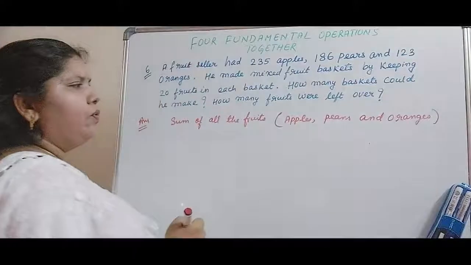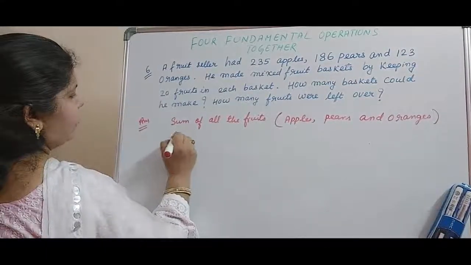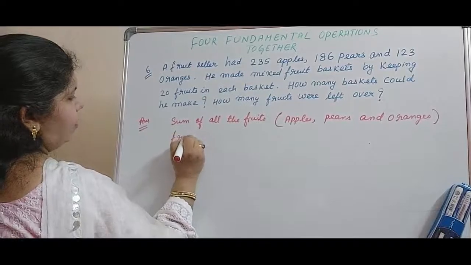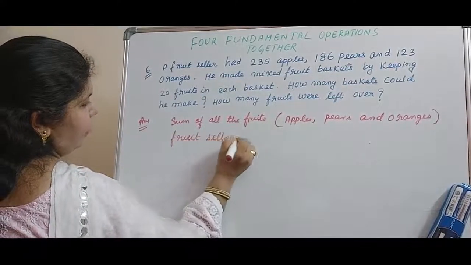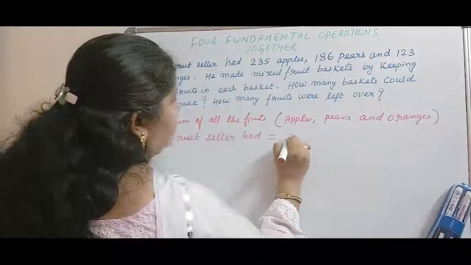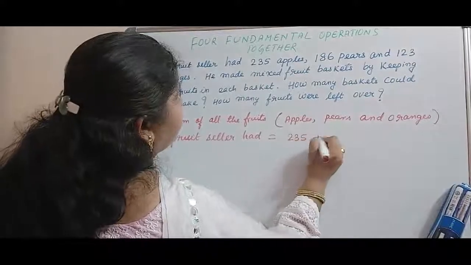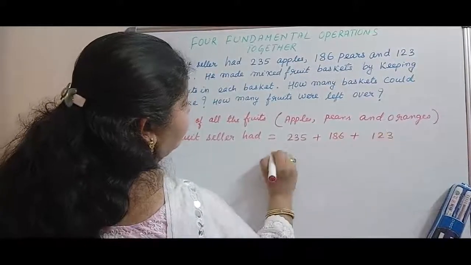Sum of all the fruits, apples, pears and oranges, fruit seller had equal to 235 plus 186 plus 123.